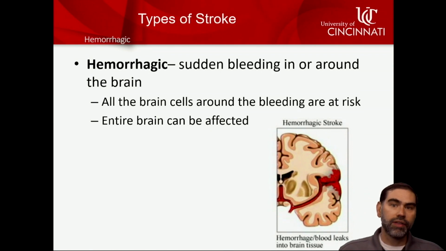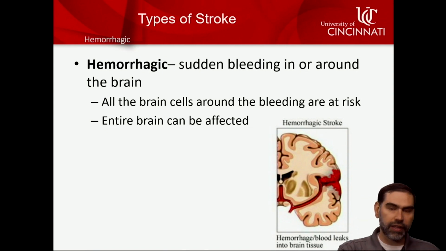And so this is when basically one of those blood vessels, and it usually ends up being a smaller vessel, has a rupture. And it starts bleeding into the brain parenchyma itself. So that's not only a problem because then you don't have adequate blood delivery to the brain cells beyond it, but then also you're just getting blood into a space where it shouldn't be. And so then you start having mass effect as well.